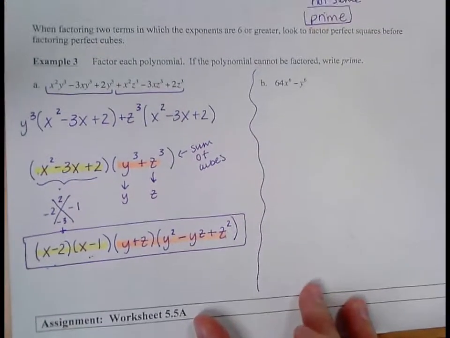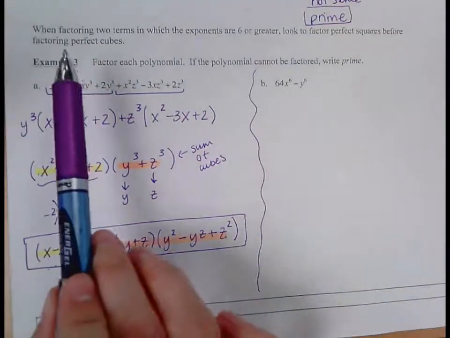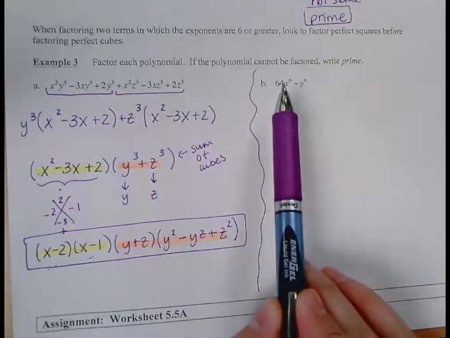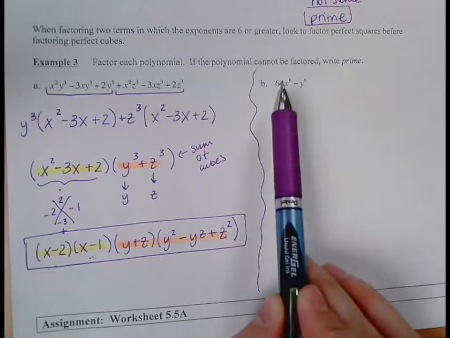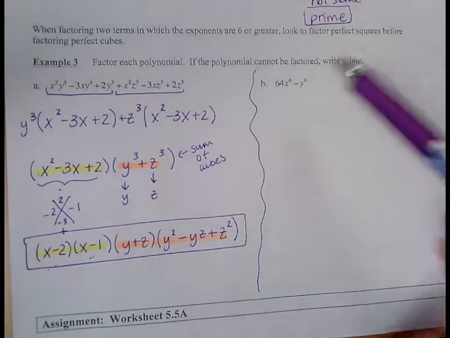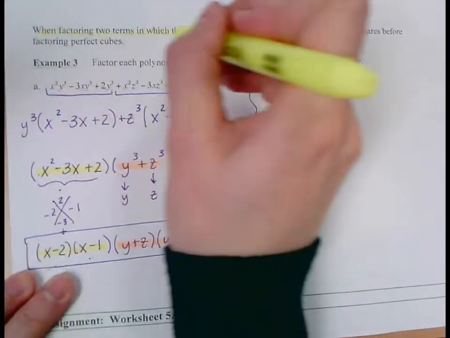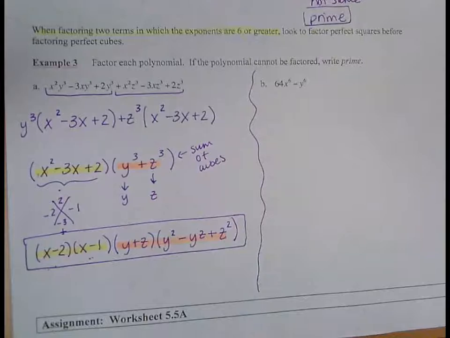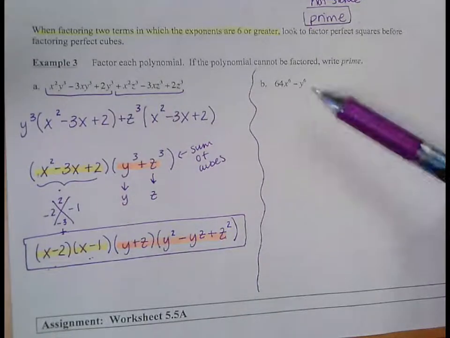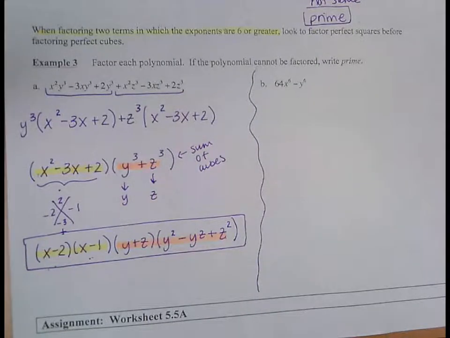So then part B, this one's a little different, and I'm going to read above. When you have a difference of 2 terms with exponents of 6 or higher, why this is a special case is when you have an exponent of 6, 6 can be divided by 2, so they are perfect squares. 6 can also be divided by 3, so they are also perfect cubes.